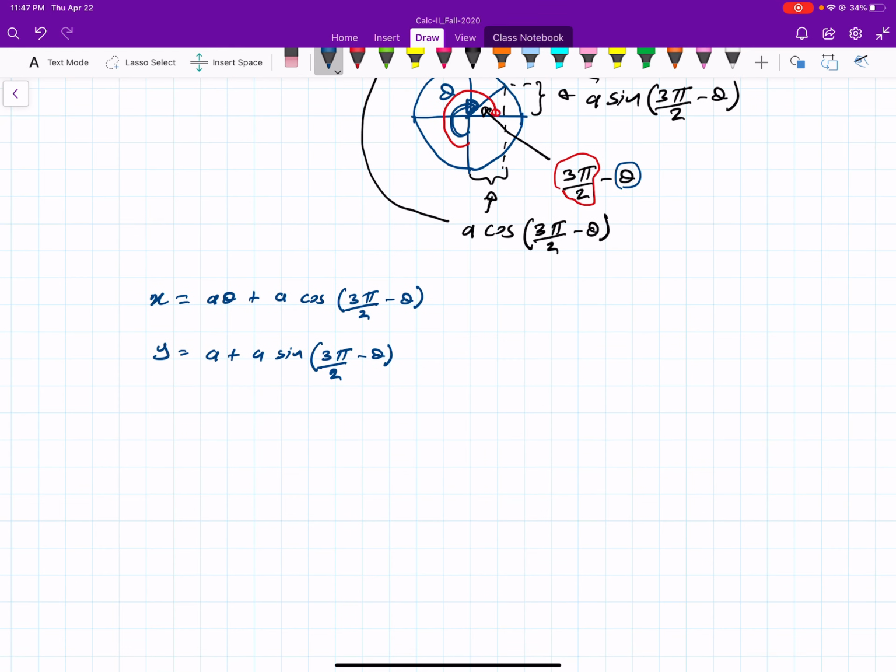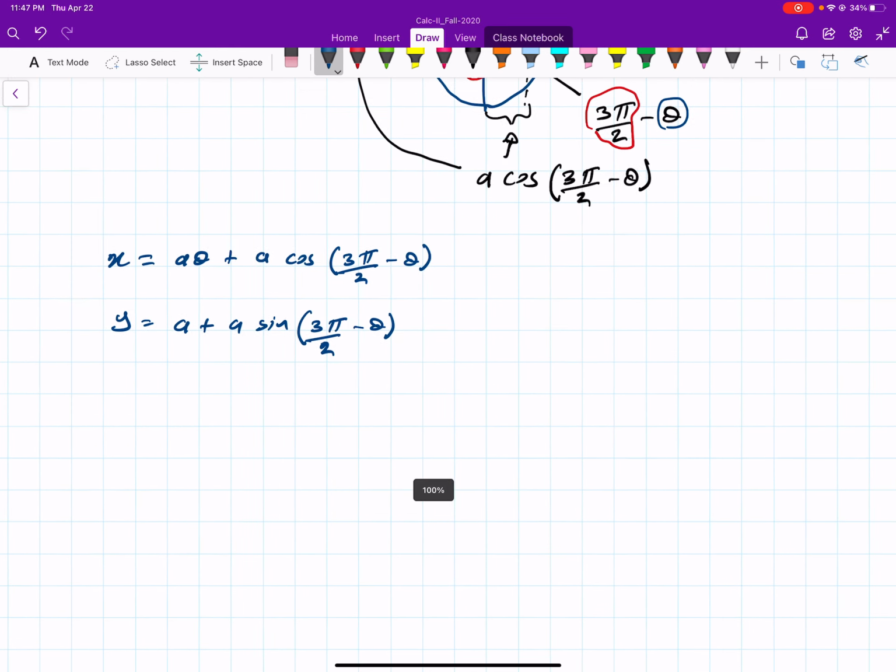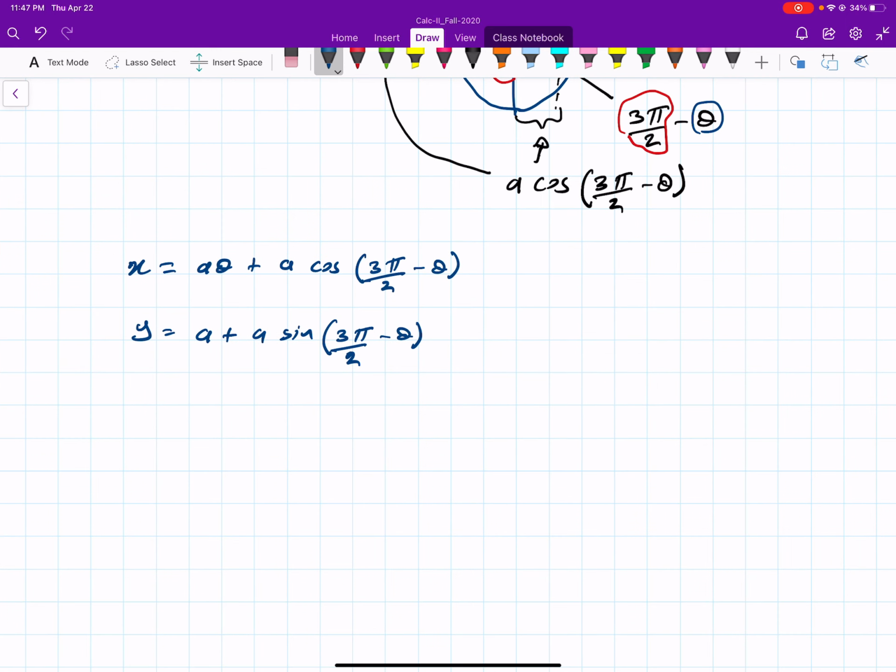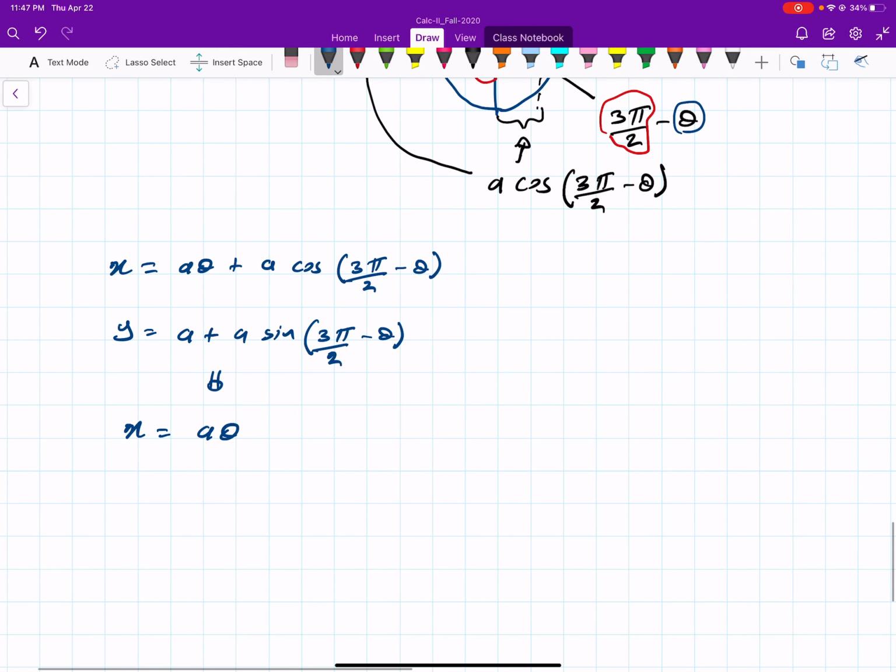All right, good. So now you have to simplify this. Again, this is calc 1. You know how to solve trigonometric equations. So this can be written down as x equals a theta. As you remember, this part equals minus sine theta.